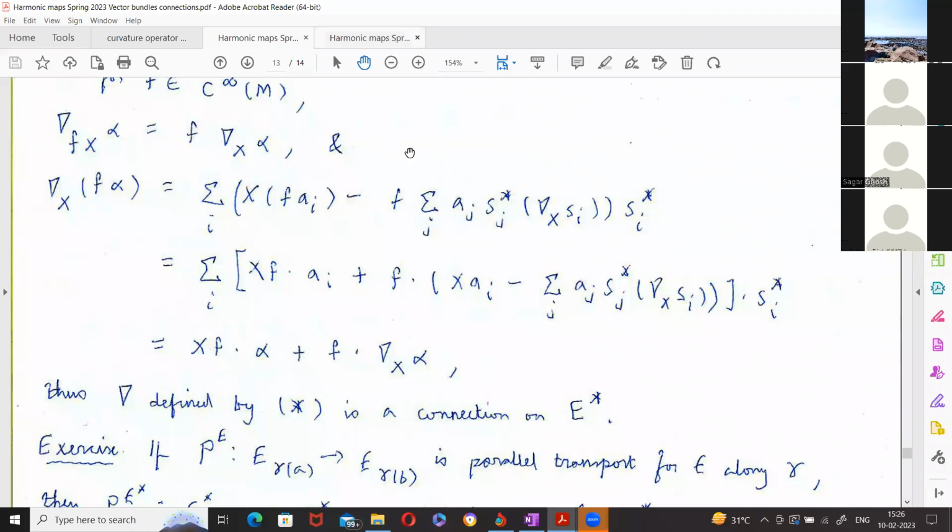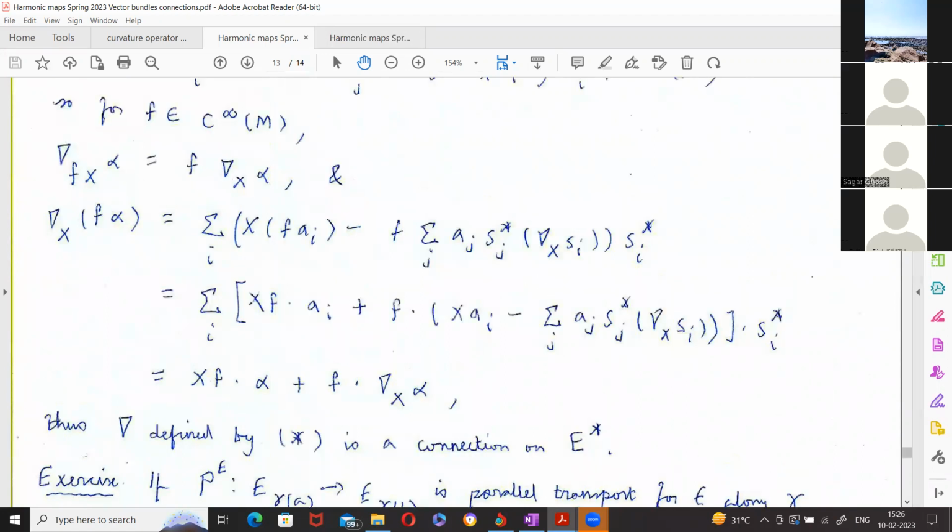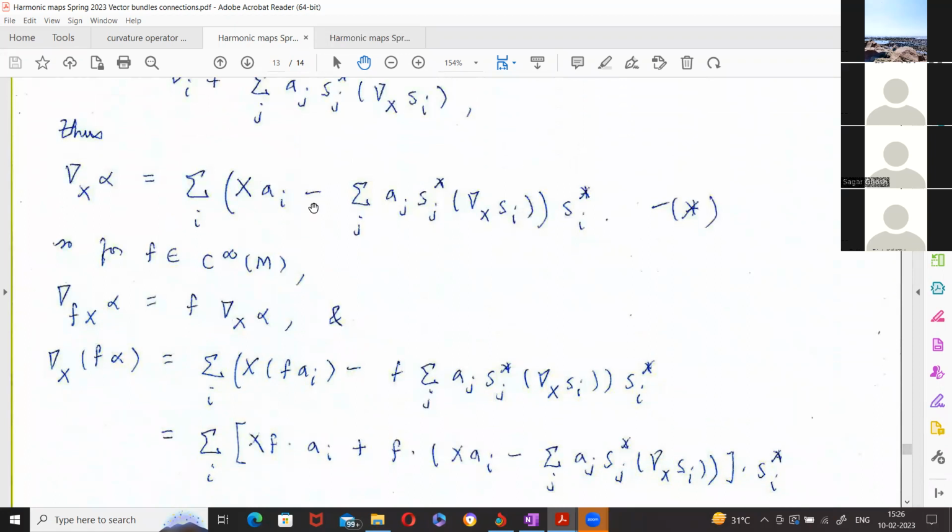Okay, so this defines a connection on the dual bundle. Is that clear? Yeah, this formula defines a connection on the dual bundle. Any questions?